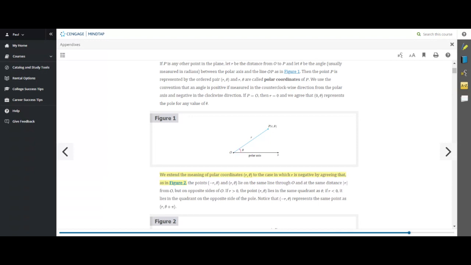R is a radius, and theta is an angle measured from the positive x-axis. So if you have an angle and a radius, you can identify a point in the xy plane.